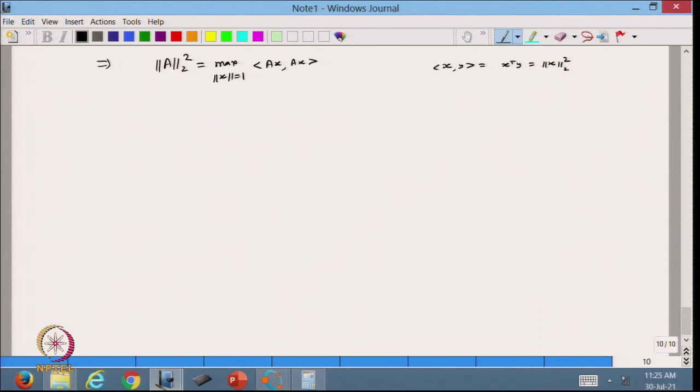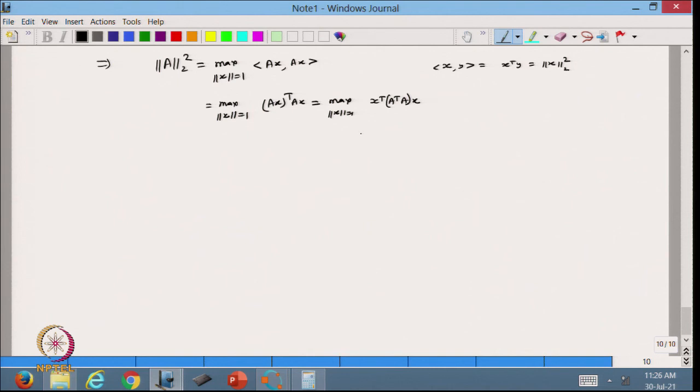So, this value is equal to the maximum over norm x equal to 1, and this is the inner product I am defining. So, I can write here Ax transpose Ax. Again taking the maximum, I can write x transpose A transpose Ax. Now, this matrix I got, that is A transpose A.